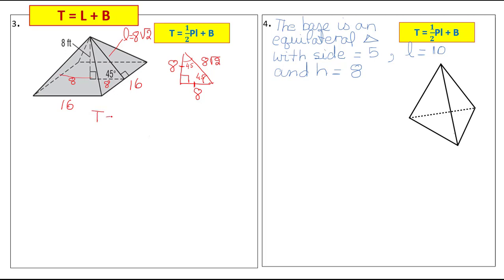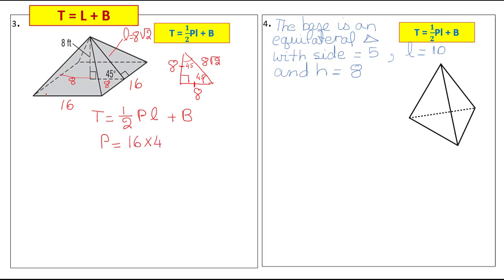T equals, this is a pyramid, so we have to put half P times the slant height. Since it's a pyramid, we don't forget to put the half, and we put L instead of H, plus the area of the base. Our P is equal to 16 times 4, okay?